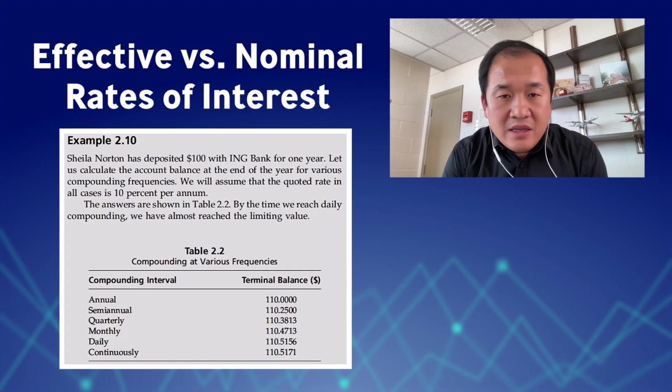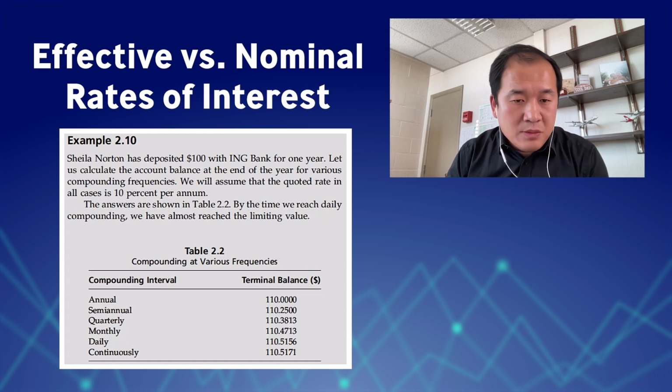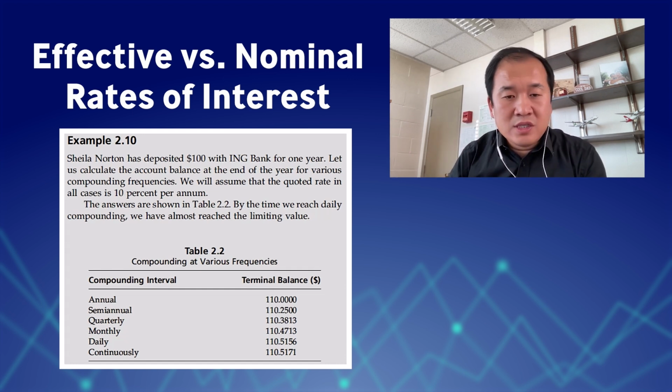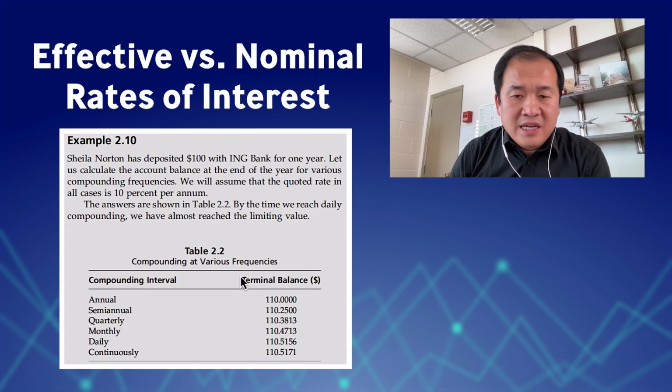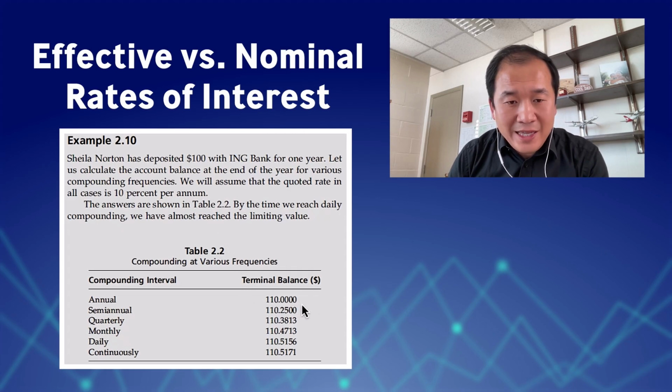Now we have an example to show the difference caused by the conversion frequencies. Suppose we're depositing $100 for 1 year, and the nominal rate of return is 10%. In the case of only one conversion period in the measurement period, calculating interest only once per year, the total balance you will have by the end of 1 year is $100 plus $100 times 10%, so you receive $110.